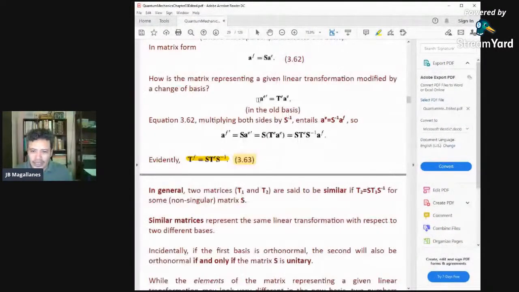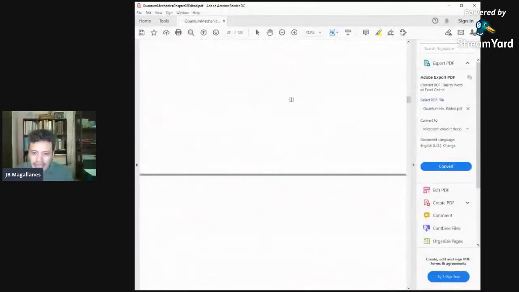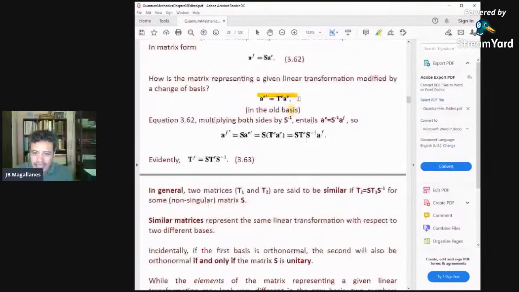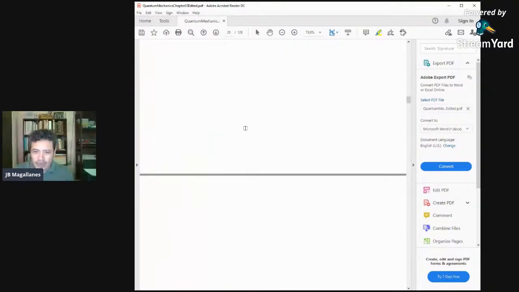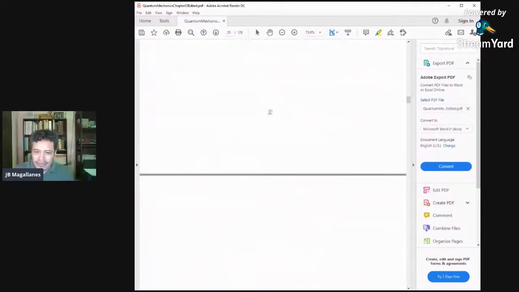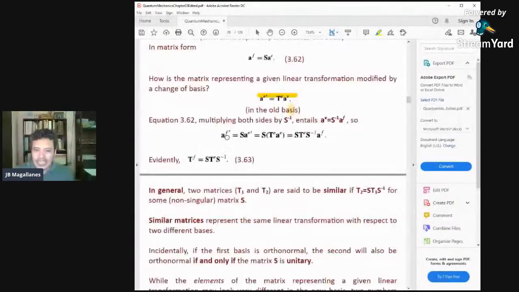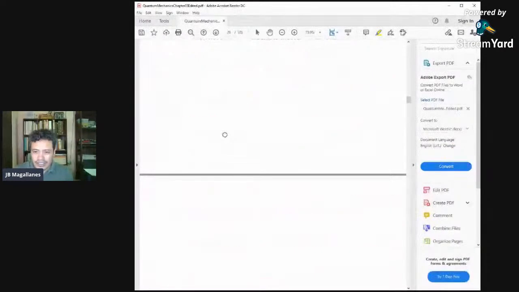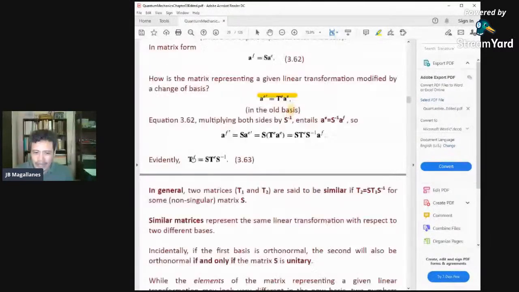You can write this as AF prime equal to TF times AF, so that this one is equal to TF times AF, so that you can cancel AF, and then you will have this product of the matrices.